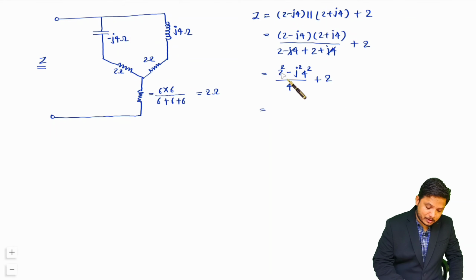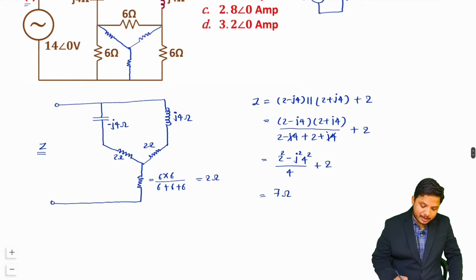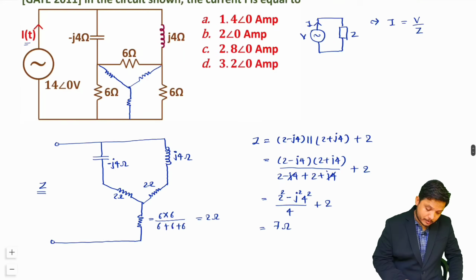So see, this is 2 square minus J square, which is minus 1 into minus 1, so plus. So 4 plus 16 divided by 4. So 20 by 4, that is 5, plus 2. So that will be 7 ohm. So now we got the value of Z, that is 7 ohm.